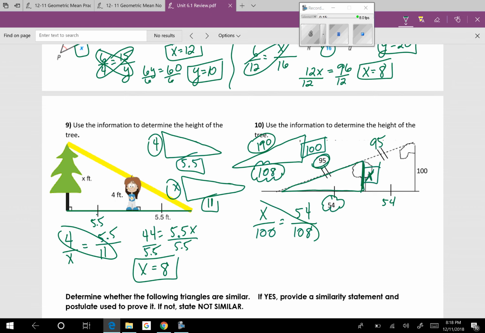And so then we just multiply here. So 108x is equal to 54 times 100, you get 5400. And see if you can divide that by 108. So 108 divided by 108, and you get x is 50. So x, the height of that tree, is 50.